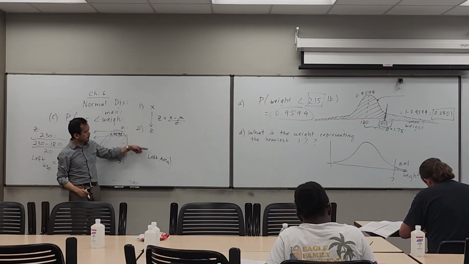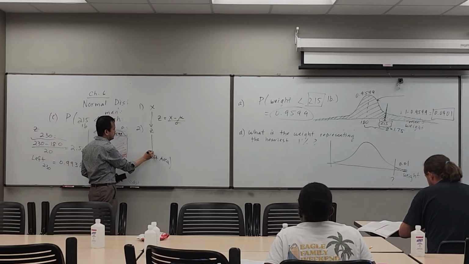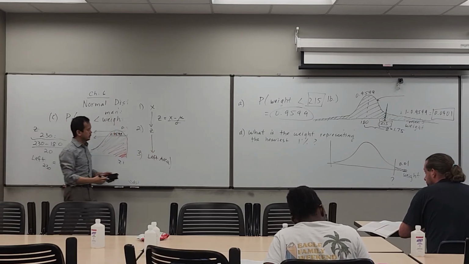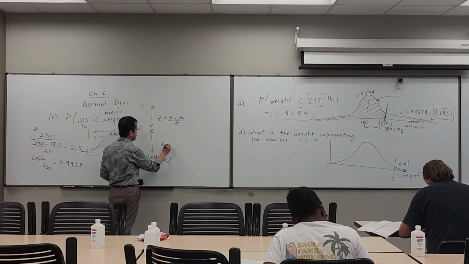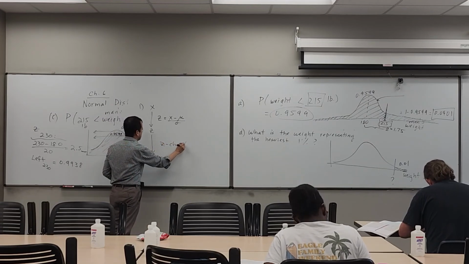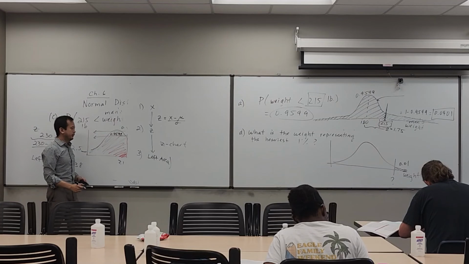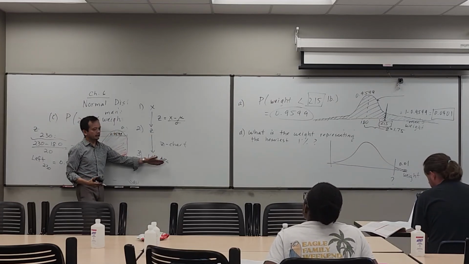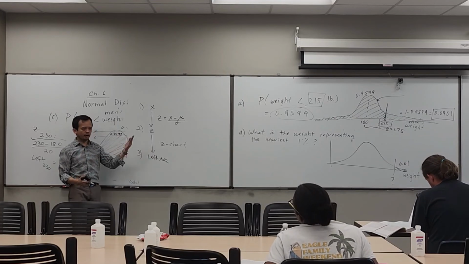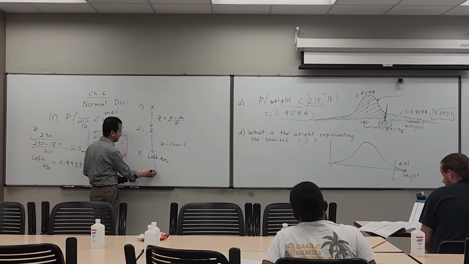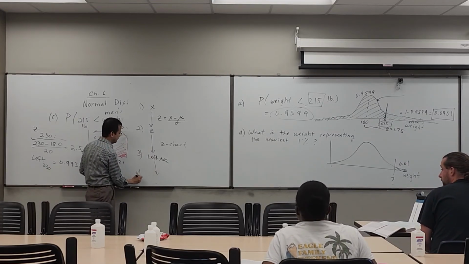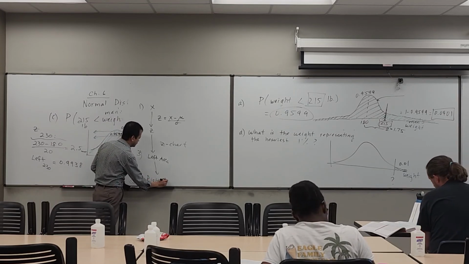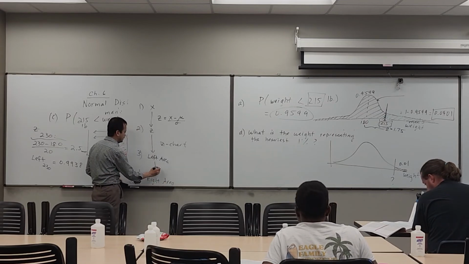And then going from z to left area, how do we find that? Look up the z-score on the chart. Yeah, so this is through the z-score chart. And then if we needed to stop at left area, we'd be done, but let's say that we needed to find the right area. How do we go from left area to right area? Good, so just subtract from 1.